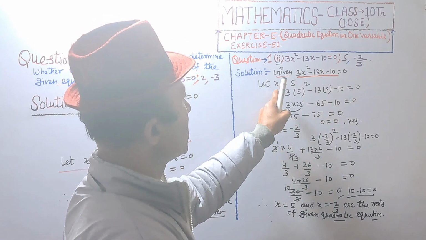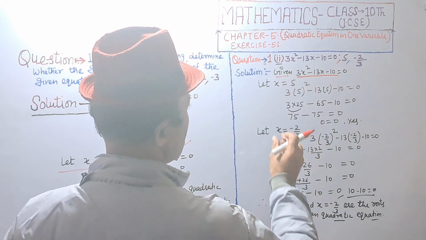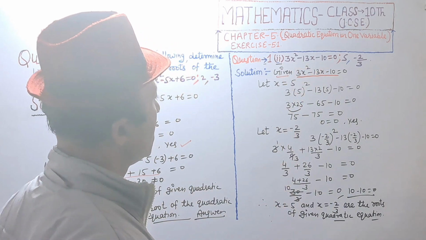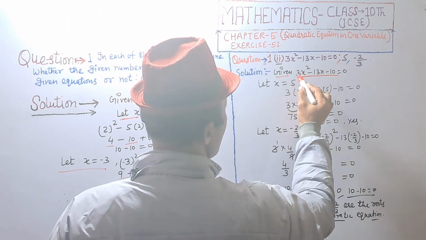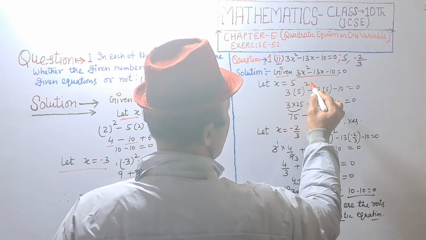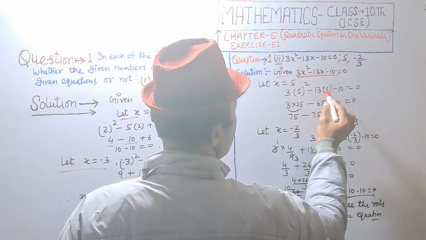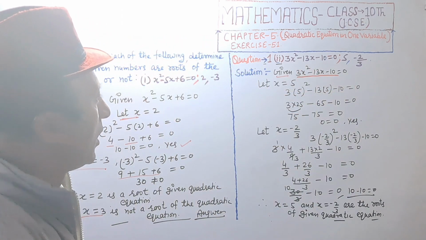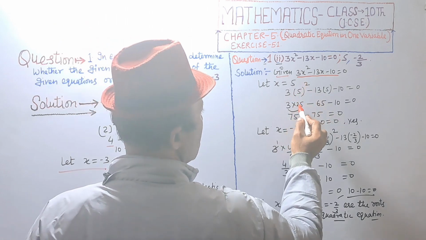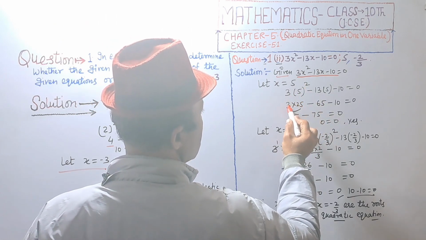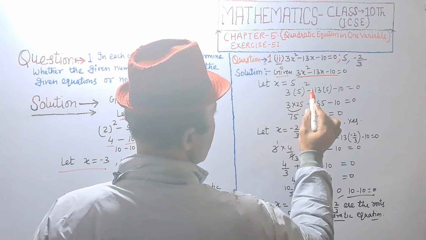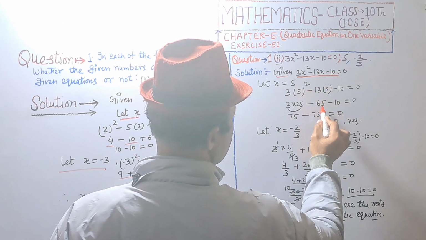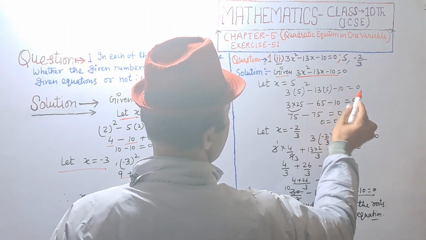We are taking first x is equal to 5 and putting it in the given quadratic equation, that is 3 into 5 raised to power 2 minus 13 into 5 minus 10 equal to 0. 5 square, that is 25, 25 multiplied by 3 will be 75, and 13 5s are 65, minus 65 minus 10 is equal to 0.